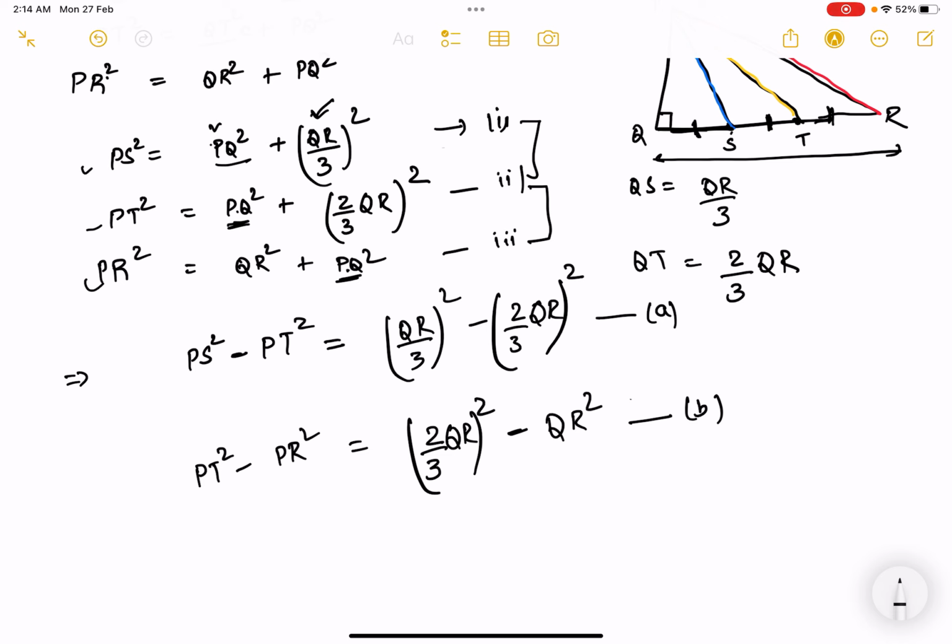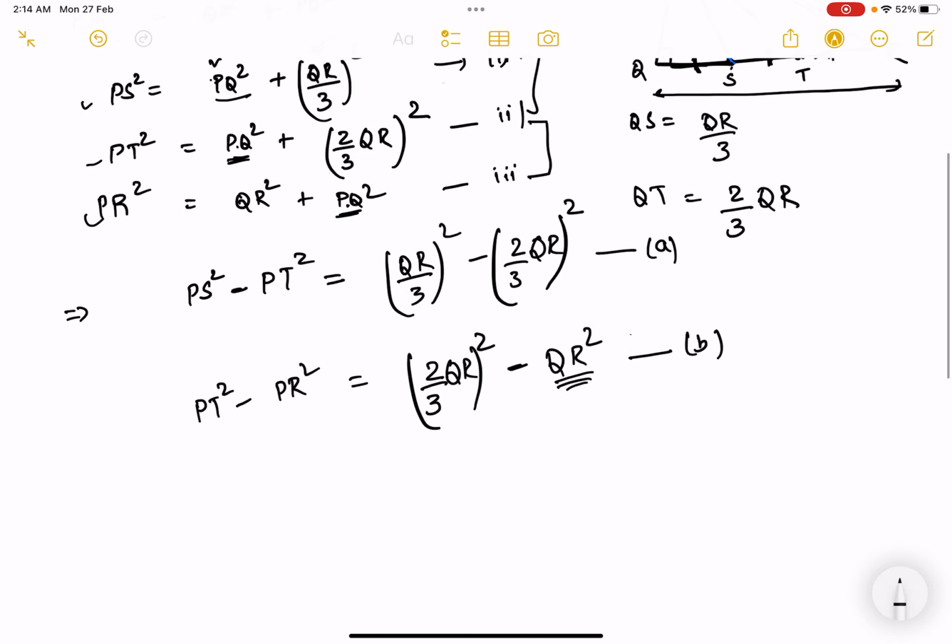And from these two equations, we only have to eliminate QR. So let's do this.